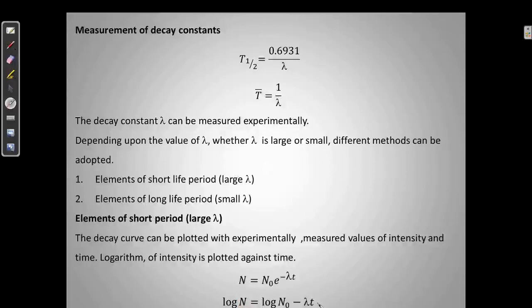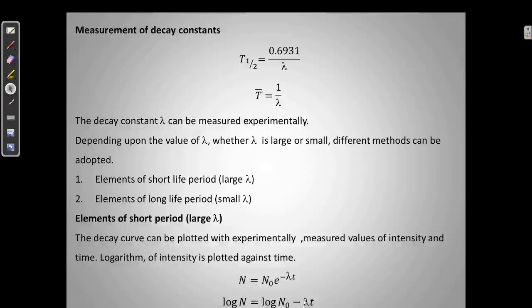So you can plot a graph of log N versus t. This is a constant here, then t is one variable and N is another variable. So this looks like y equals mx plus c, where x is t and y is log N. You will get a straight line where c is the constant, that is log N0.